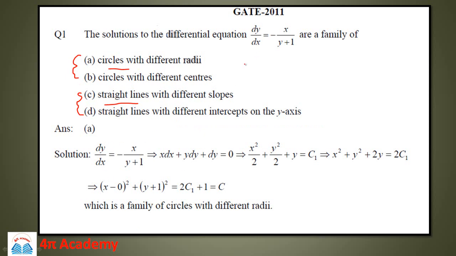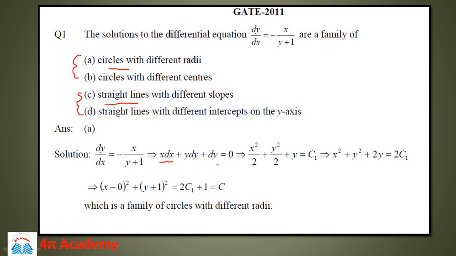We have the equation dy by dx is equal to minus x upon y plus 1. Again separating the variables, we take y plus 1 on the left hand side and dx on the right hand side. So we get y plus 1 dy is equal to minus x dx. Then we can take x dx on the left hand side, so we get x dx plus y dy plus dy is equal to 0.